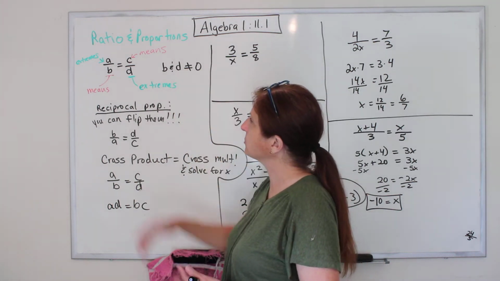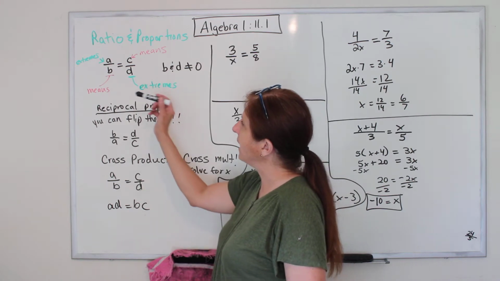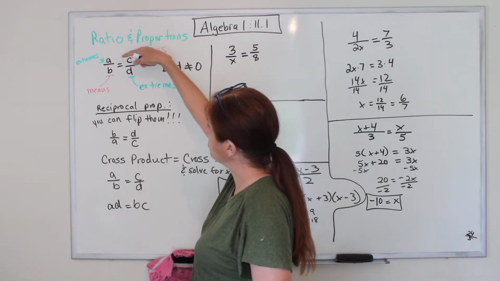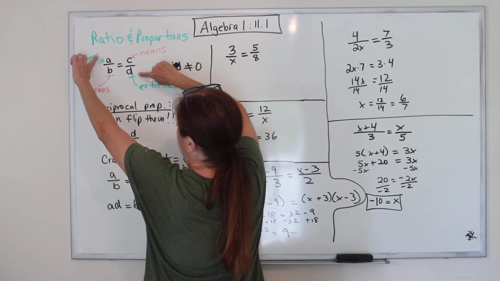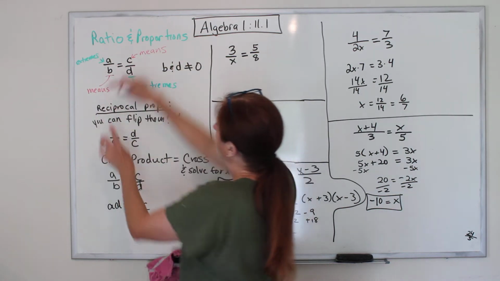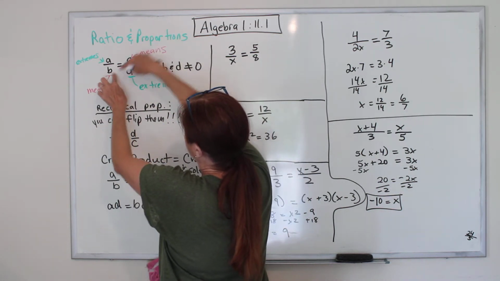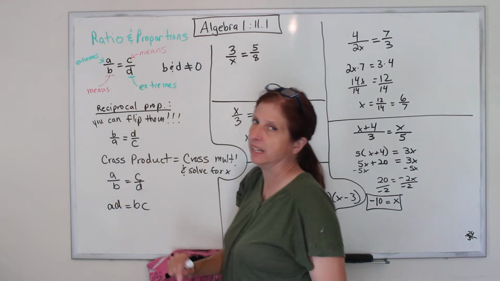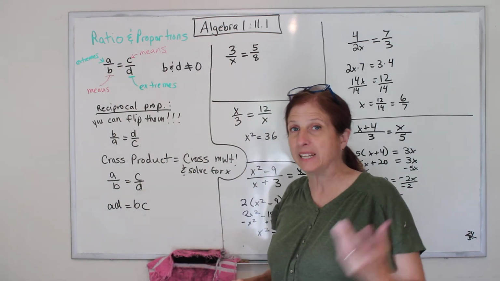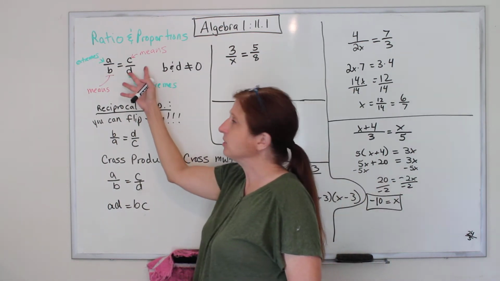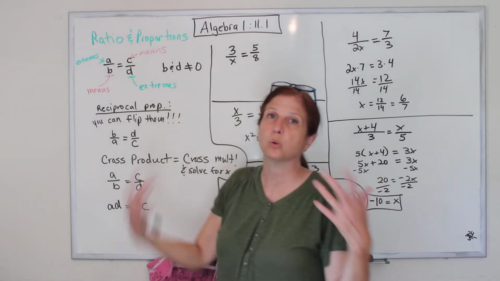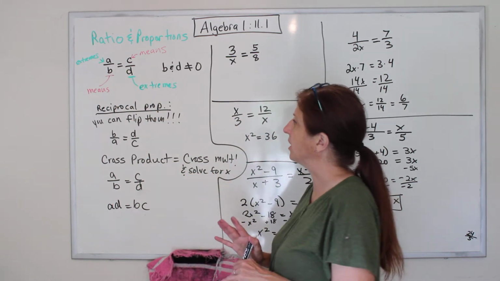But what you just want to know now is that the terms that are on these sides are called extremes, and the ones in here, the B and the C, are called means. Remember, mean means average, and later in geometry you're going to learn some more rules about this, but that's all you have to know for now.